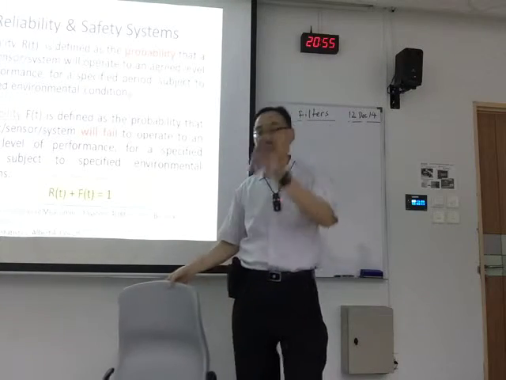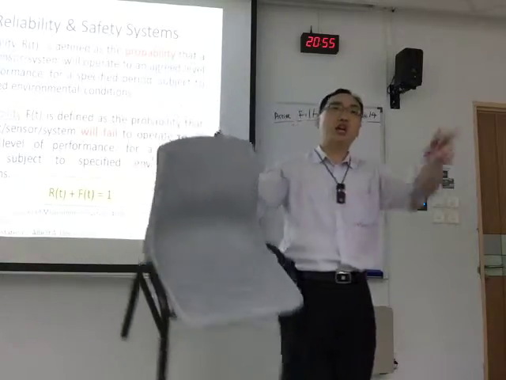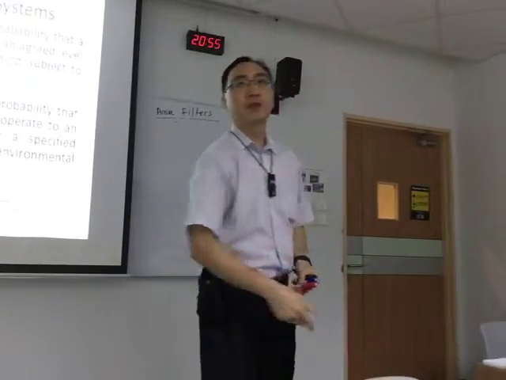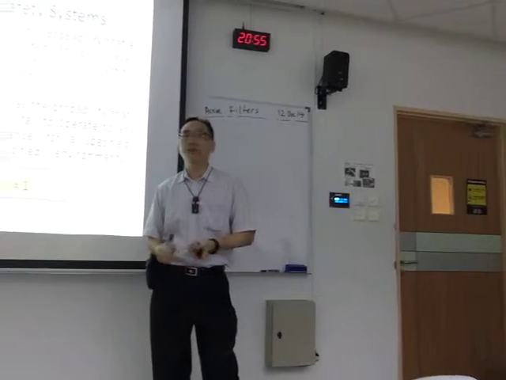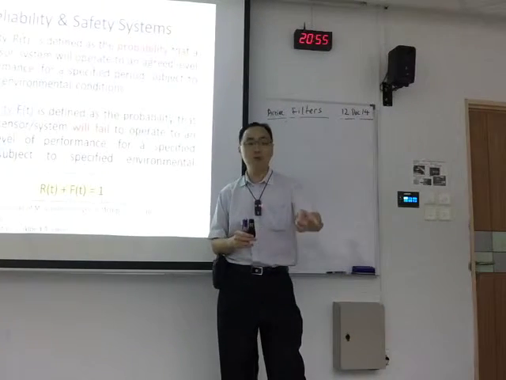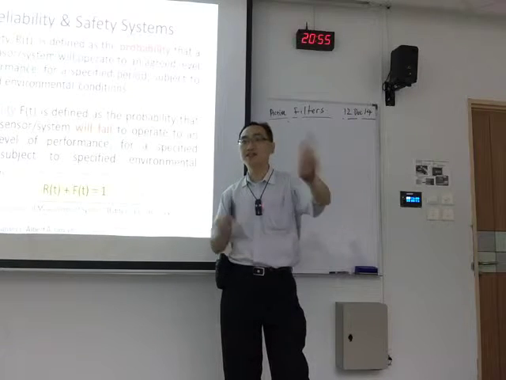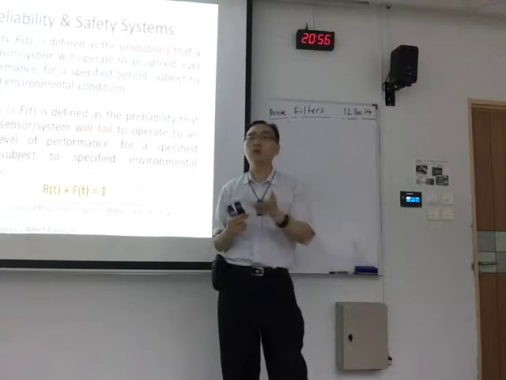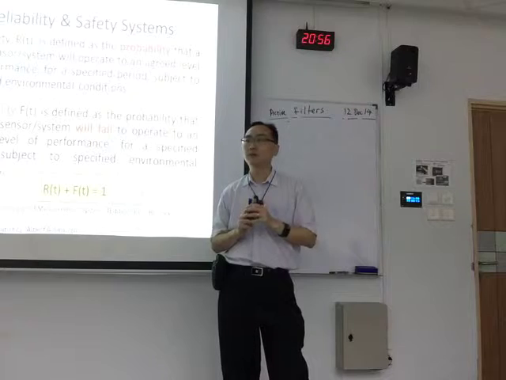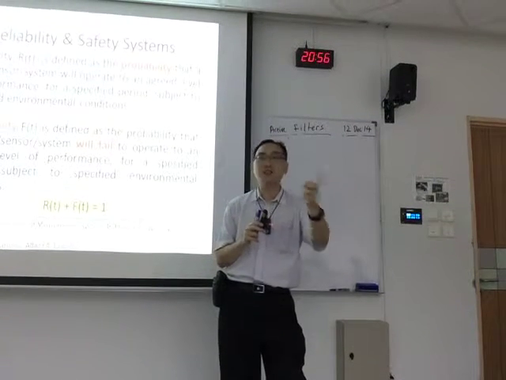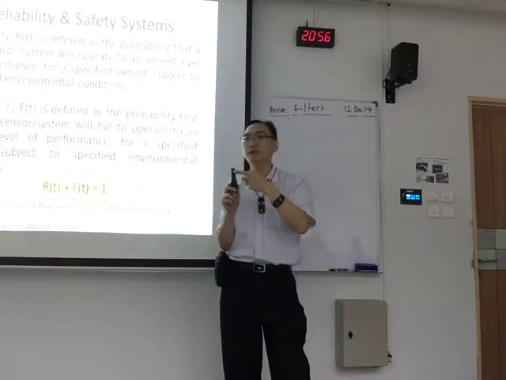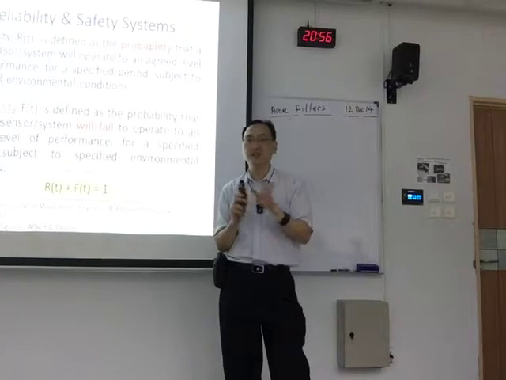But what happens if I put this chair under the sun? If you put this chair outdoors, can it last? Why can it not last? Heat. Heat is always a very important part in any engineering you do.